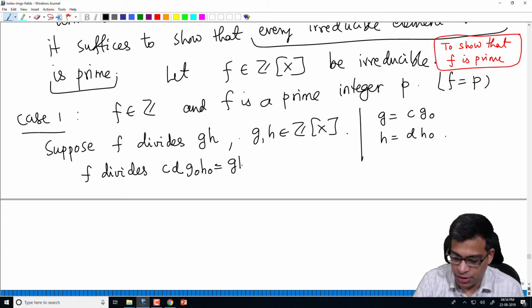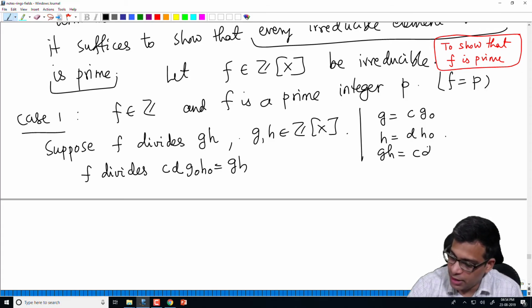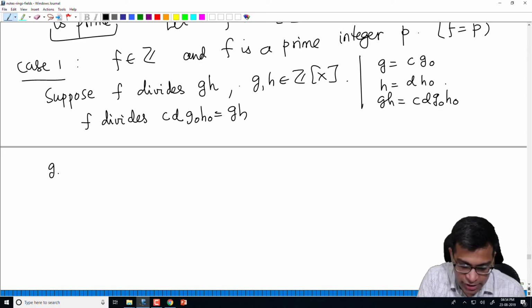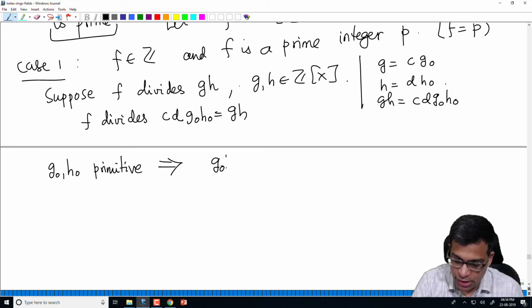Because that's what gh is. So f divides that. But remember, g0 h0 is primitive. The product is primitive. Again, Gauss's Lemma.